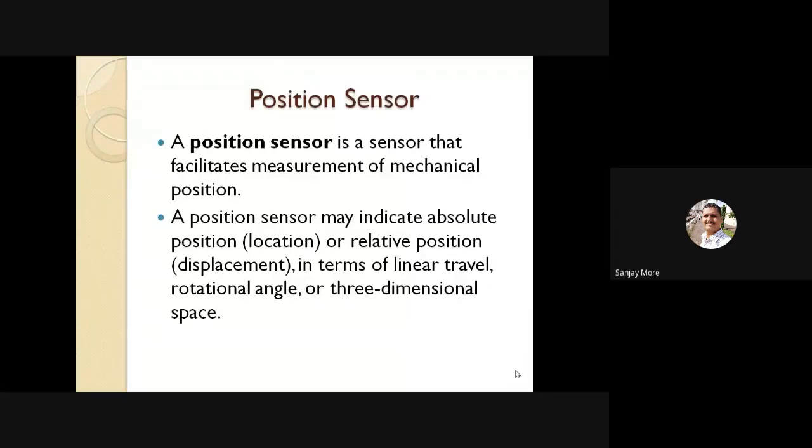Then next point is position sensors. Position sensors are one kind of sensors in mechanical measurement systems.